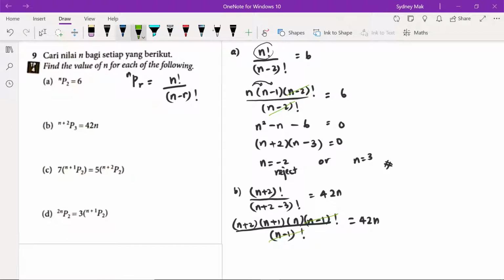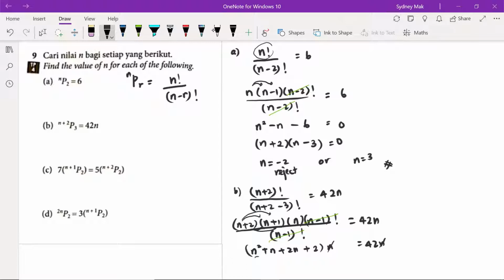So on top, we are left with n times n plus 2 and n plus 1. So we expand this. We will have n squared plus n, and then continue, we have 2n plus 2 multiplied with the n equals 42n. So the n and the n, we can actually simplify away.